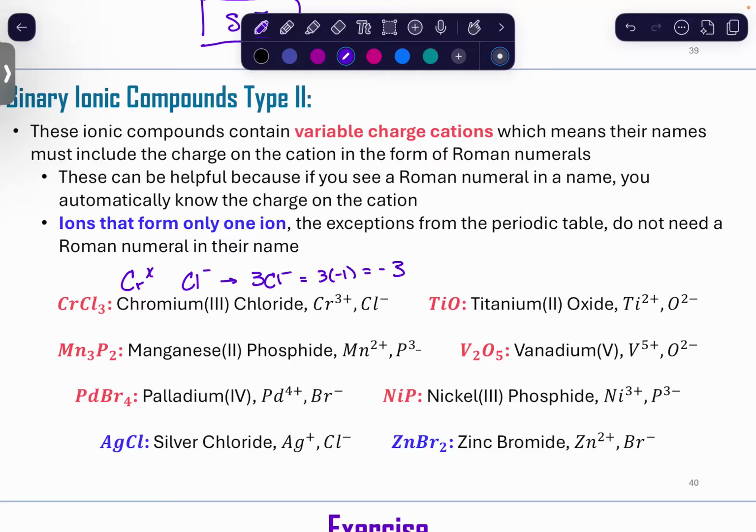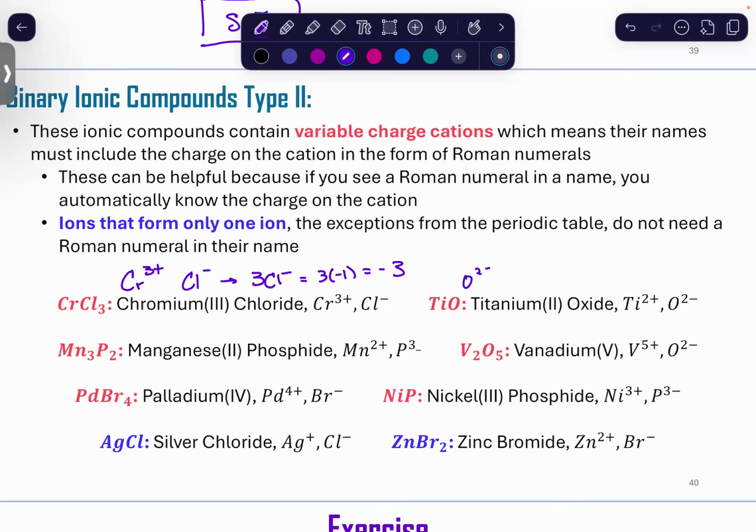And I have 1 chromium that has to neutralize that -3. So chromium has to be a chromium-3 ion.